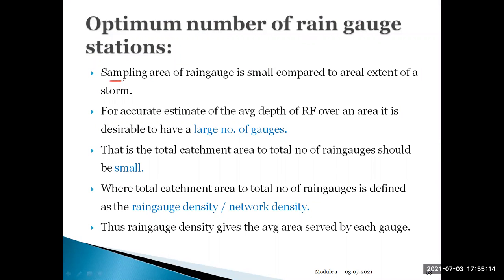The sampling area of a rain gauge is small compared to the areal extent of the storm. The sampling area is the area whose precipitation the rain gauge records. For example, if you install the rain gauge here, it will record only the precipitation which falls onto this particular area. That is called the sampling area.